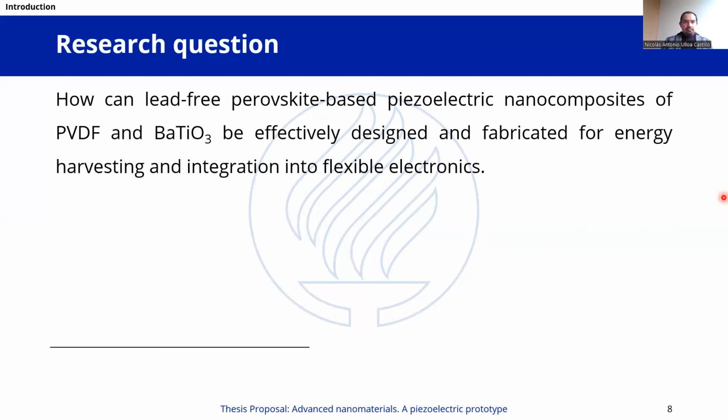But the challenge here is to obtain piezoelectric nanocomposites and try to activate the most, or the larger share, of the piezoelectric phases, or electroactive phases, which are the ones that are important to this kind of application.